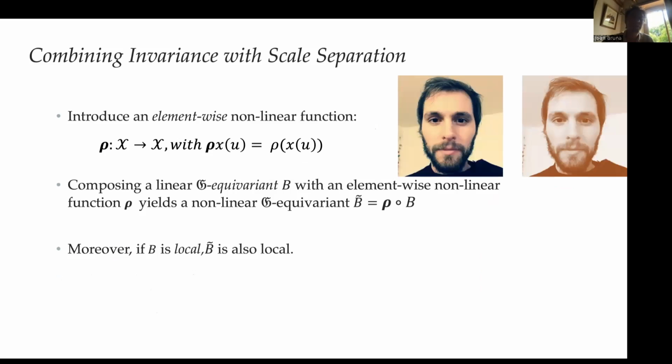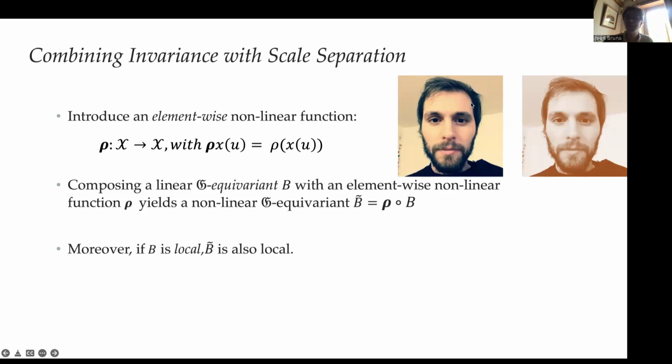So the answer here is to consider operators that are nonlinear but only act element-wise. These are transformations that we call ReLU-type maps that map images to images in a way that the transformed image at pixel u is only a function of the value of the image at pixel u.